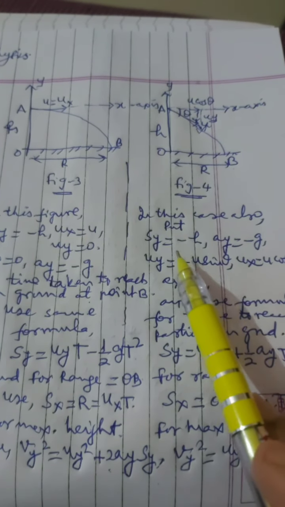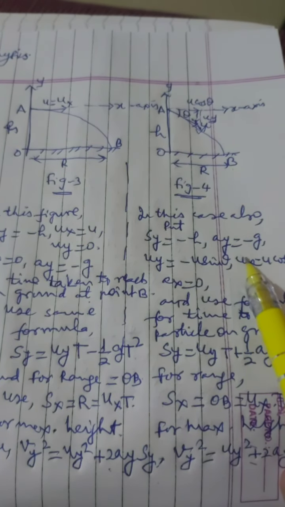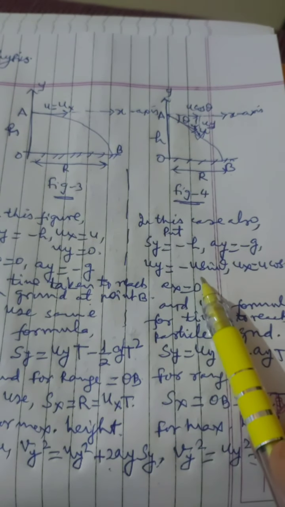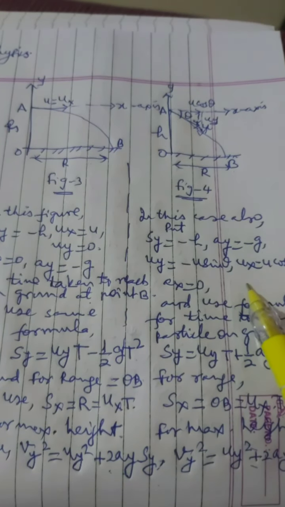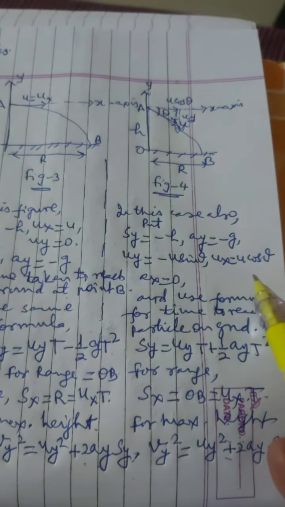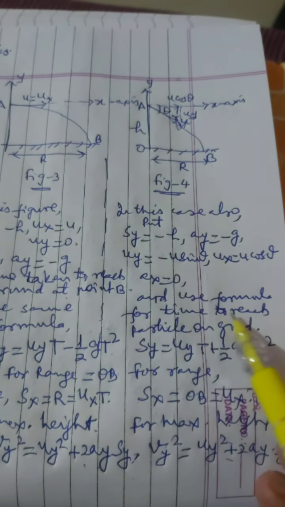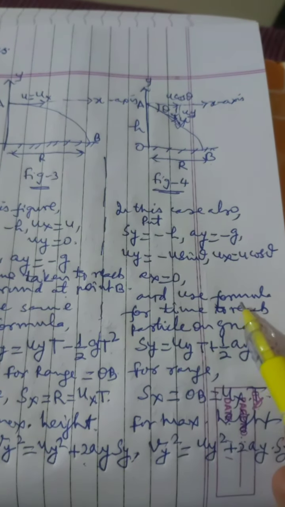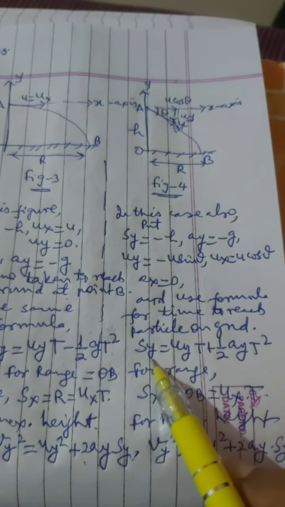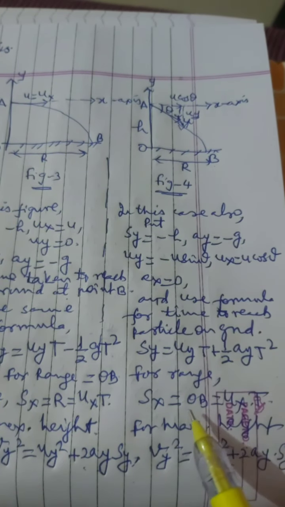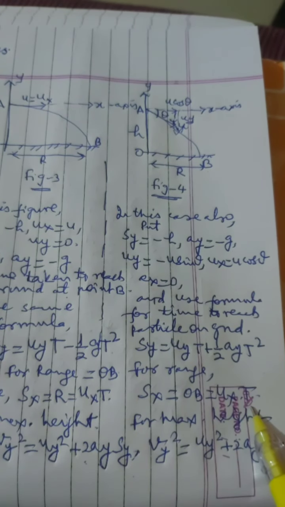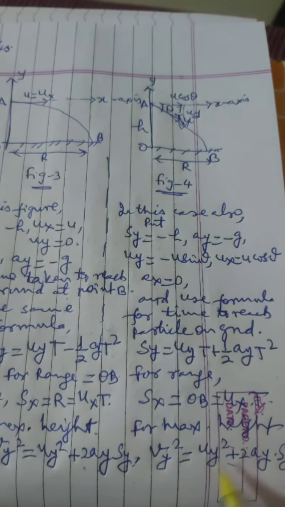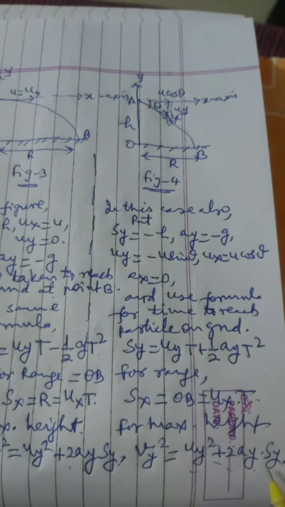In this figure also take Sy is equal to minus h, Ay is equal to minus g, uy is minus u sin theta because it is downward here, and ux again will be u cos theta, ax is equal to 0. Use the same formula for time of flight, and here put Sy as minus h. For range, the same formula, Sx is equal to ux into capital T, where T is the time of flight, and for maximum height Vy square is equal to uy square plus 2ay into Sy.